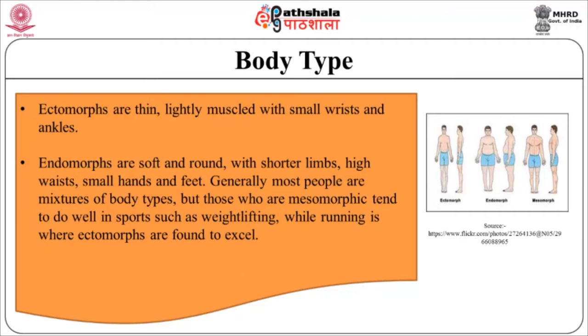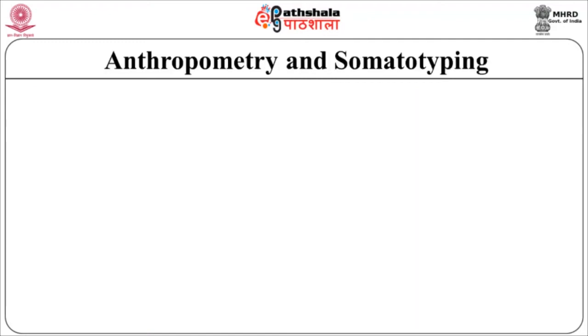Endomorphs are soft and round with shorter limbs, high waists, small hands and feet. Generally, most people are a mixture of these three body types, but those who are mesomorphic tend to do well in sports such as weightlifting, while running is where ectomorphs are found to excel.